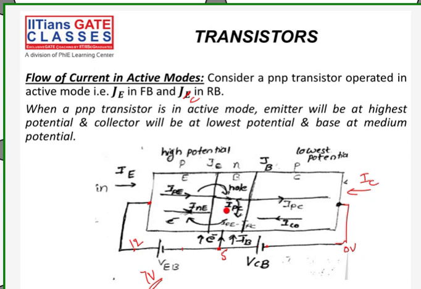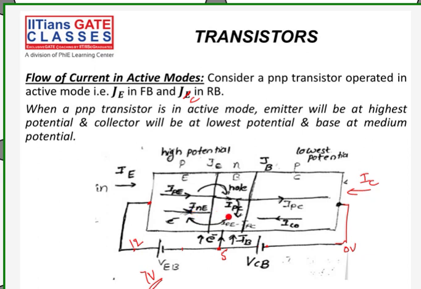See, electrons which are diffused into the P region because it is forward biased. In forward bias, majority charge carriers will be crossing the junction. So majority charge carriers in the emitter region, that is P-type region, holes will be there. These will be crossing the junction, and the majority charge carriers in the N region will be crossing the junction and reaching the emitter terminal.